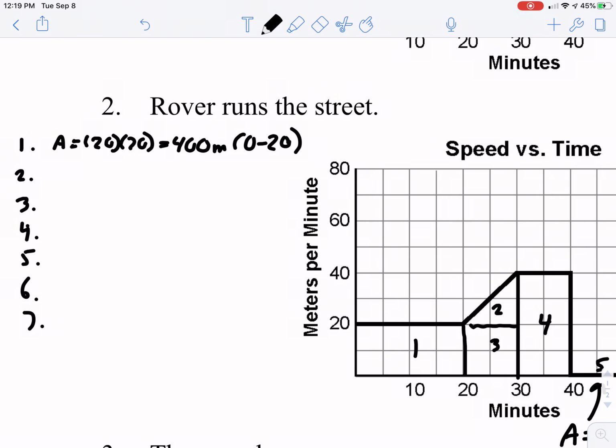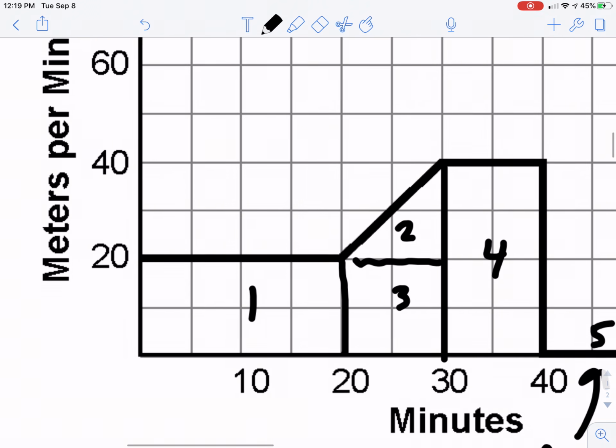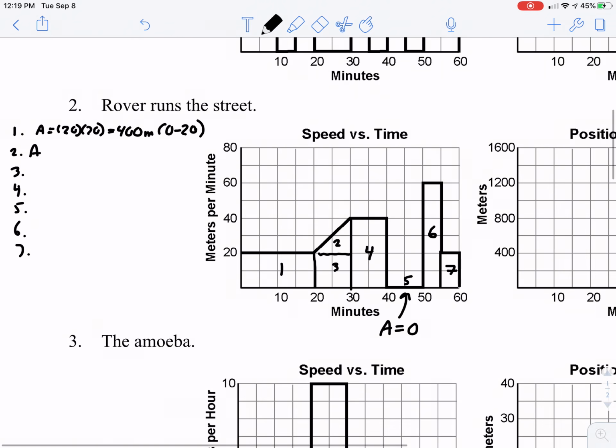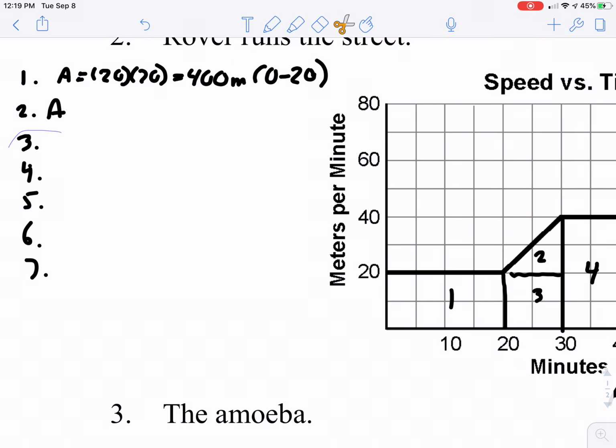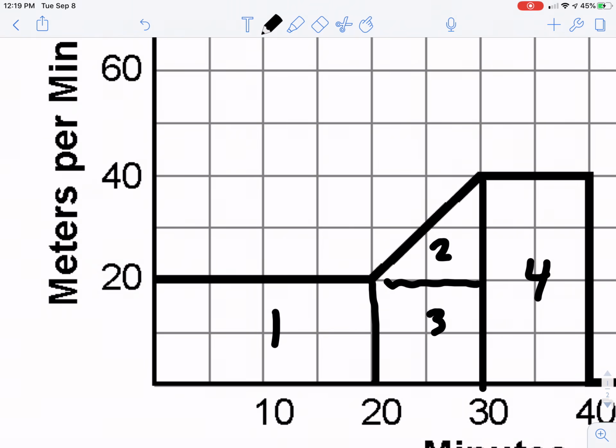Next one, we're going to have to break this up. So I'm going to have to find segment 2 and 3 and then add those two together. I probably should leave a little bit more room for number 2 since it's more involved. Okay, so number 2 is that little triangle. That little triangle has a height of 20 and a base of 10.